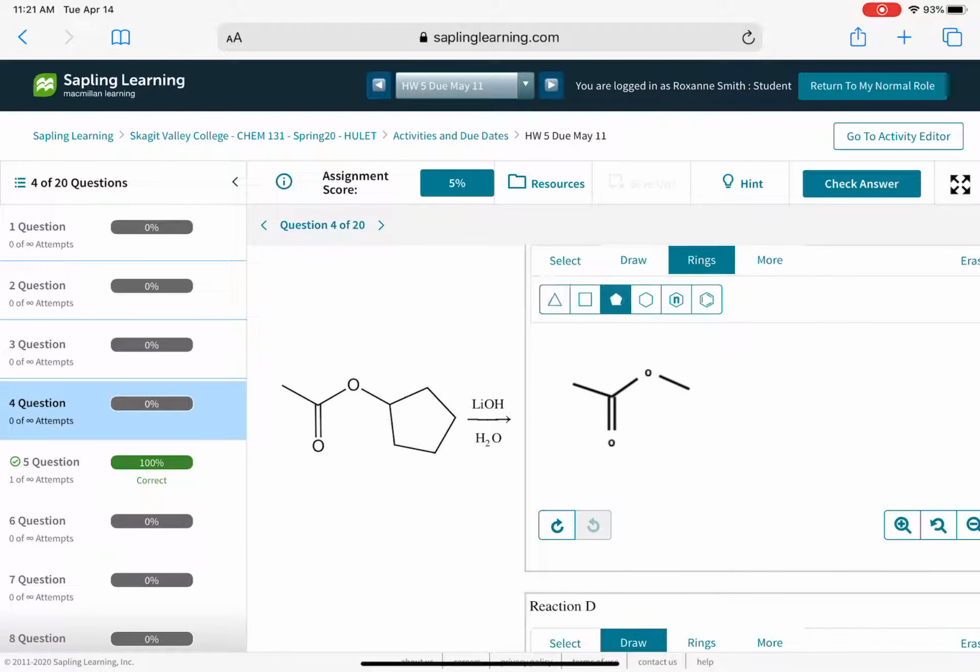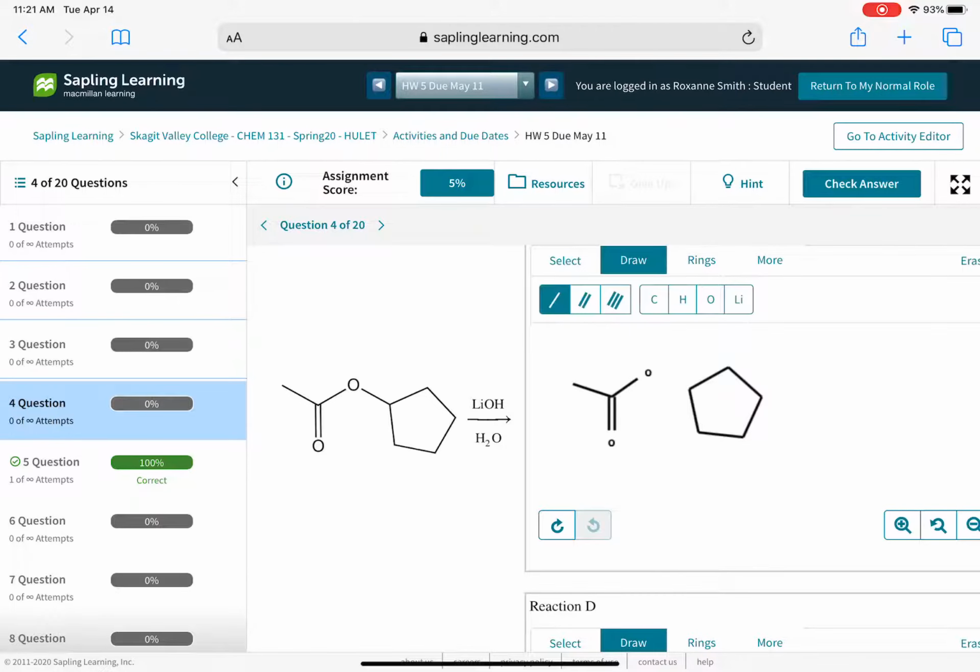Did you know that there's a shortcut for drawing rings? Like, boom, draw the whole ring at once. So maybe you just draw the whole ester like that, and then you take a bond away. Erase the bond like that, and that's where the ester gets separated. The carbon-oxygen single bond, that is the part that is going to get the negative oxygen on it.